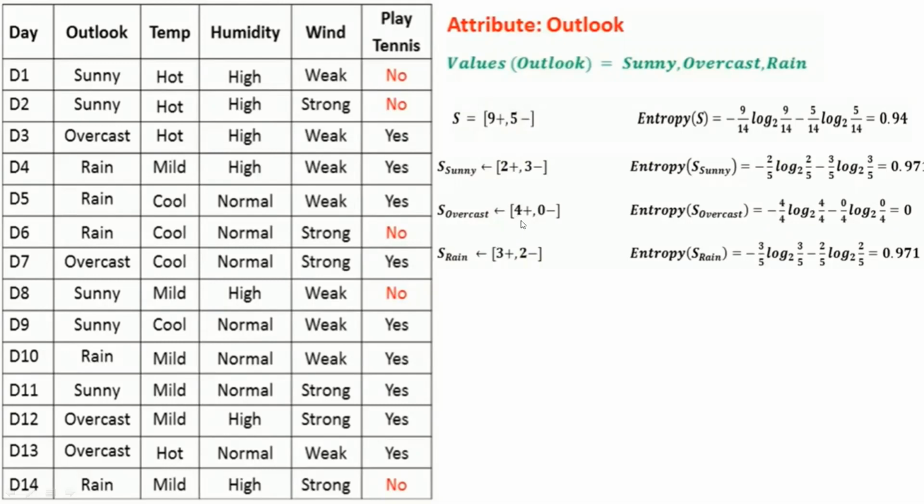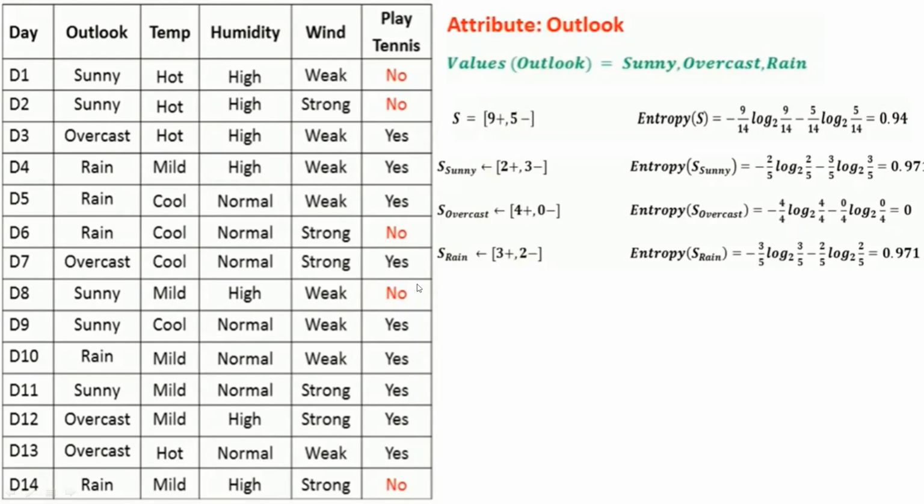Or else, if both are equal, say overcast represents 4 with 2 positive and 2 negative, that means the 2 class label values are similar. In that scenario, entropy will be 1. If any of the values is 0, entropy is 0. Here in this case, it is 0.